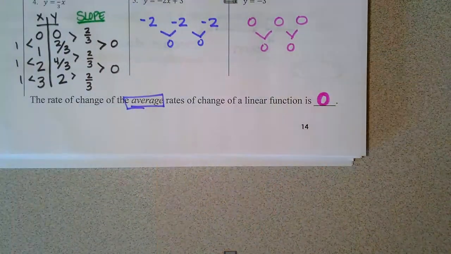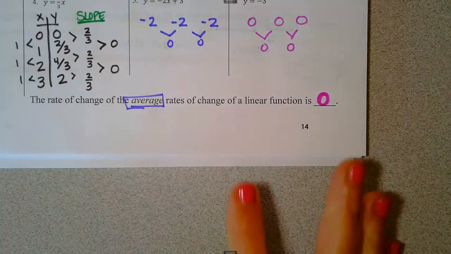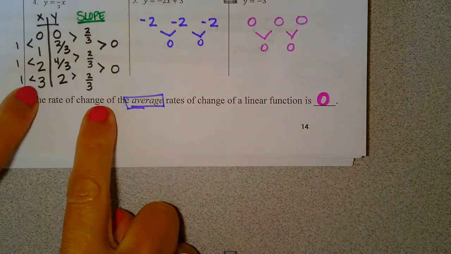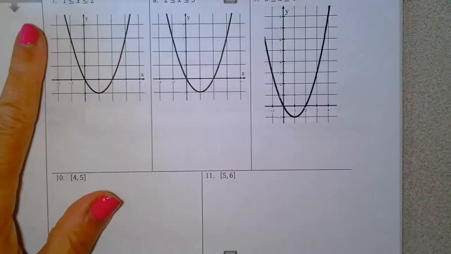The second difference, you could say. But really, it's the average of the slopes, because you're dividing by 1 again. It's going by an even interval. All right, now we're on to quadratic.